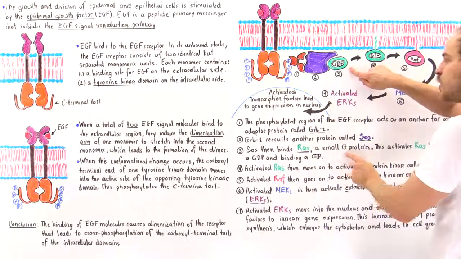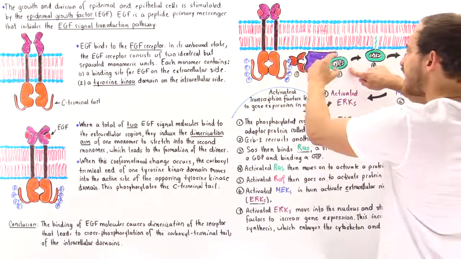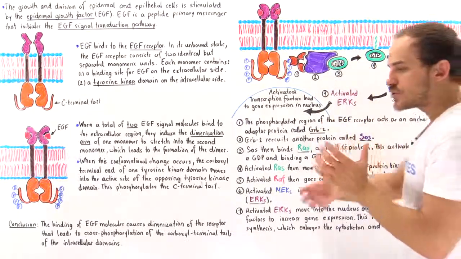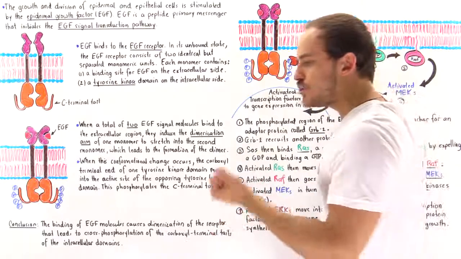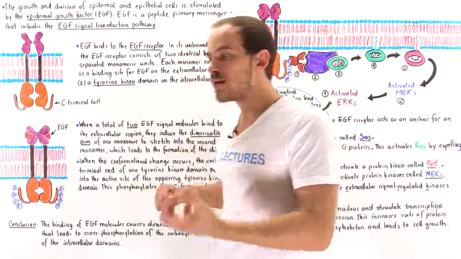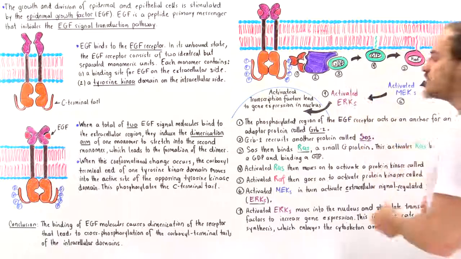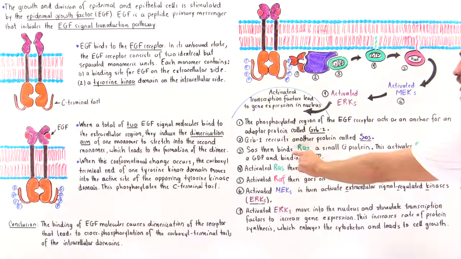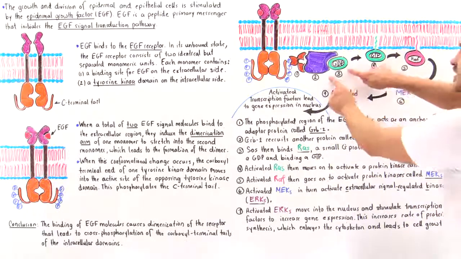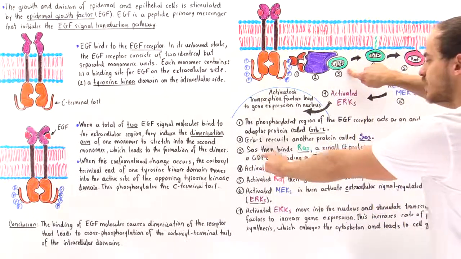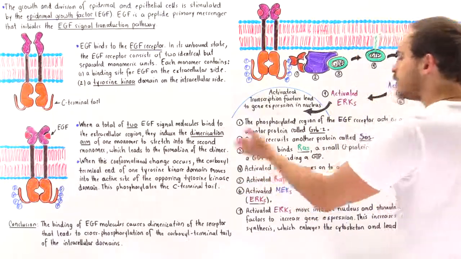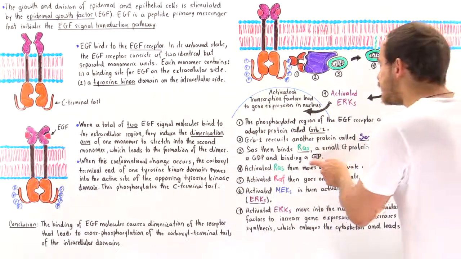Now, RAS is a small G protein, and once this binding takes place, it constricts this space. It allows this molecule to expel the GDP, guanosine diphosphate, and instead it binds a GTP, guanosine triphosphate, and that activates this RAS protein. So in step 3, we have the SOS then binds RAS, a small G protein. This activates RAS by expelling a GDP and binding instead a GTP.